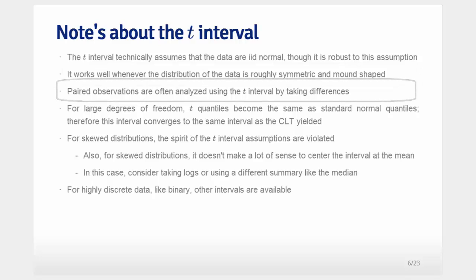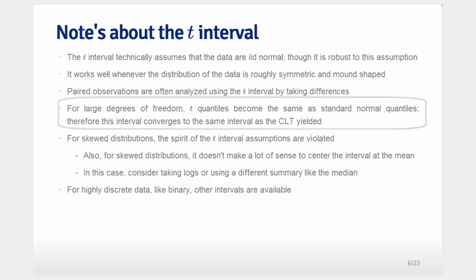If you have paired observations, for example, when you measure something once and then the same unit a few days later for a second measurement, and we'll go through some examples, you can use the t-interval to analyze this kind of data by taking differences or differences on the log scale. For large degrees of freedom, the t-quantiles become exactly like that of the standard normal quantile, so the t-interval converges to that of the normal interval, the same one that you would obtain with the central limit theorem.